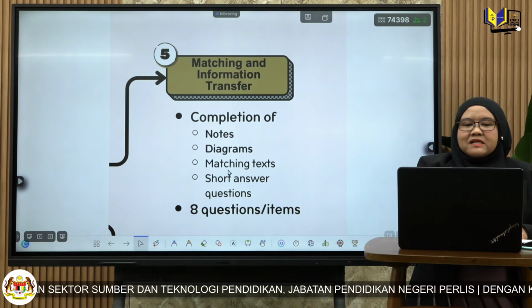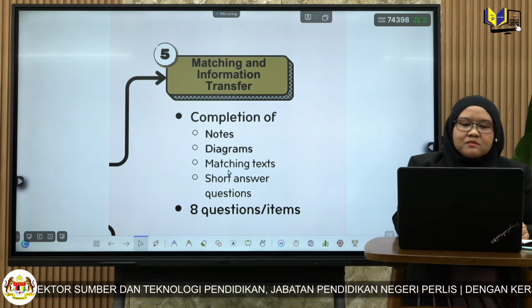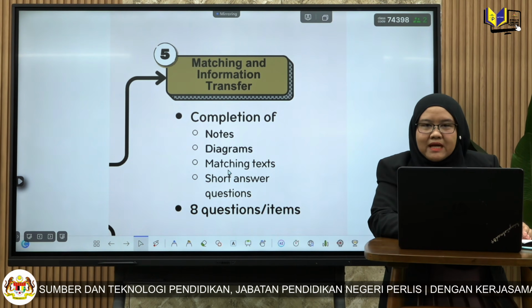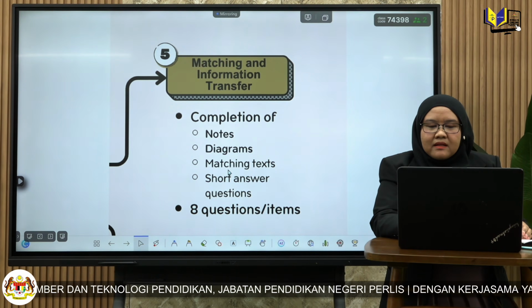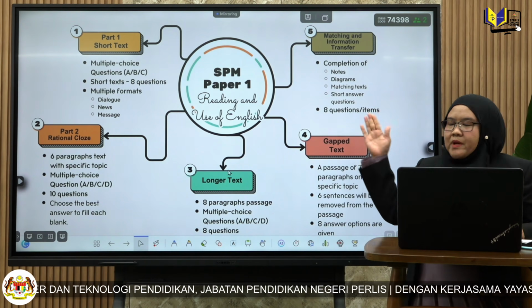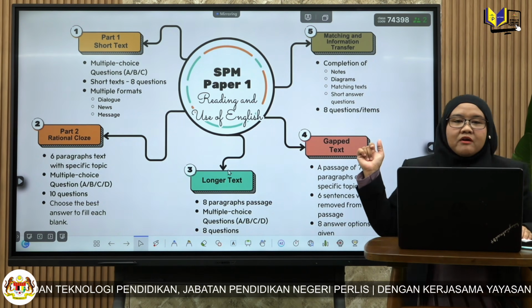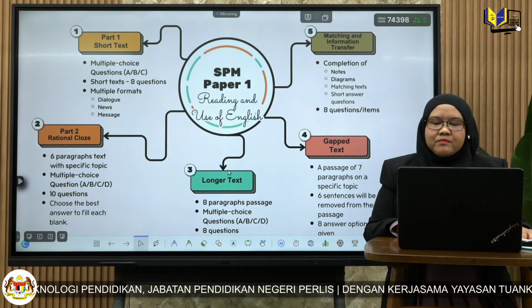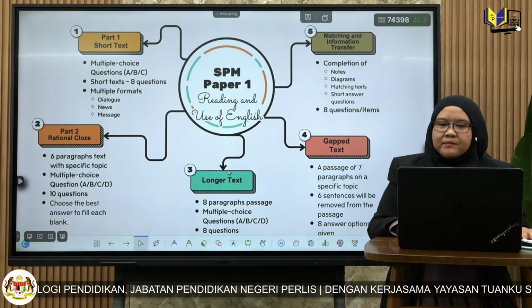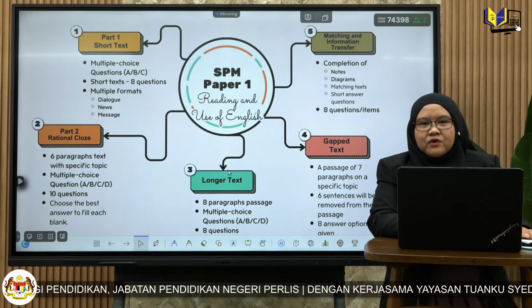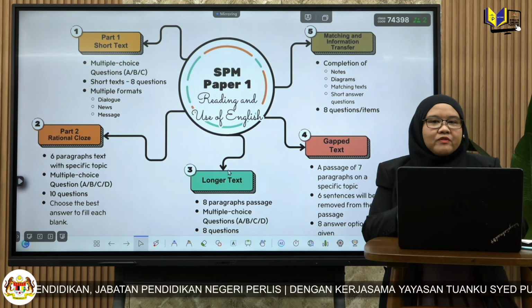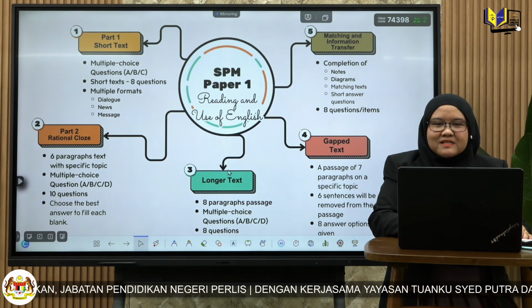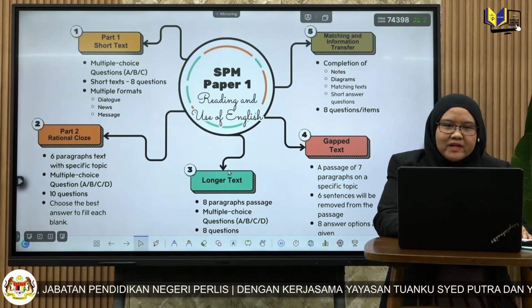Basically, it's a completion of notes, diagrams, matching text, and short answer questions with 8 items. That makes up the whole Paper 1, 5 parts, consisting of 40 marks. The series for Reading with Keys also comes with 5 series, and tonight is the first series for Part 1, short text.